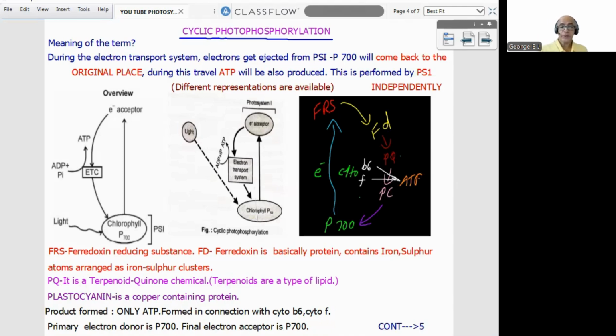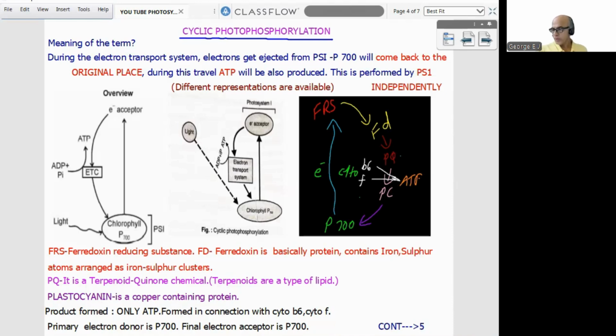Now comes plastocyanin. It is a copper containing protein. The only product formed in cyclic is ATP, connected with cytochrome b6 and cytochrome f. The primary electron donor is P700 in cyclic. The final electron acceptor is the same place, the electron comes back, so it is cyclic, it is P700. That is regarding the cyclic pathway.